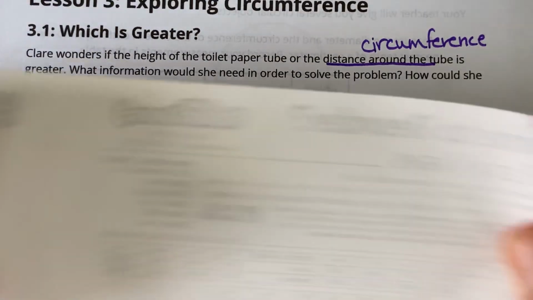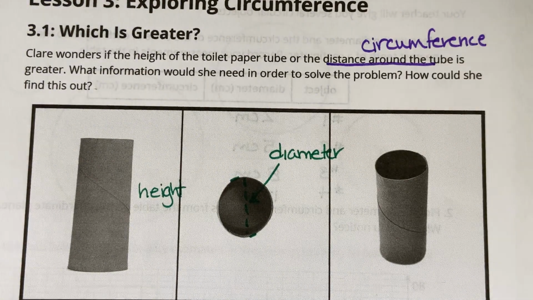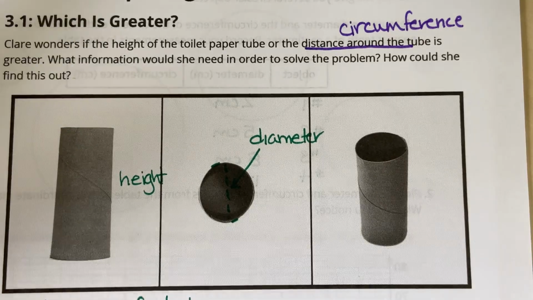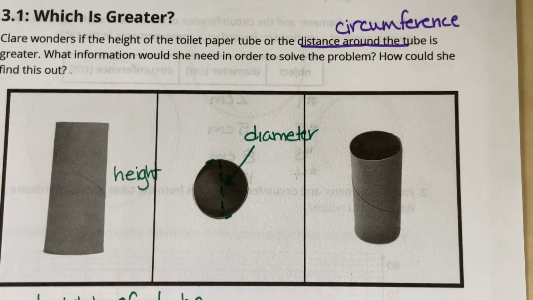So if I circle it, it becomes a circumference, and if I open it up, it becomes a side of a rectangle. The things I would need to know are the height of the tube and the circumference of the tube, in order to figure out which is greater.